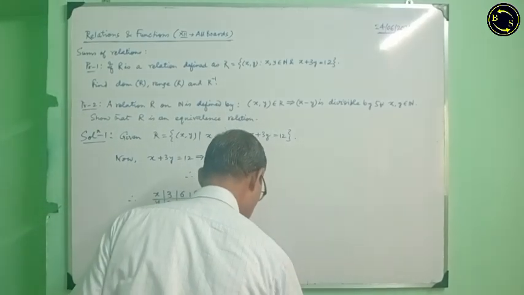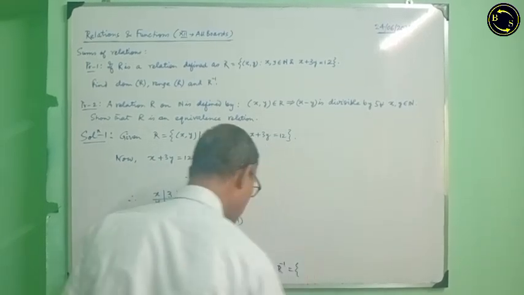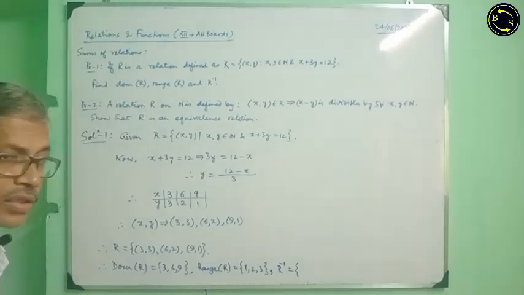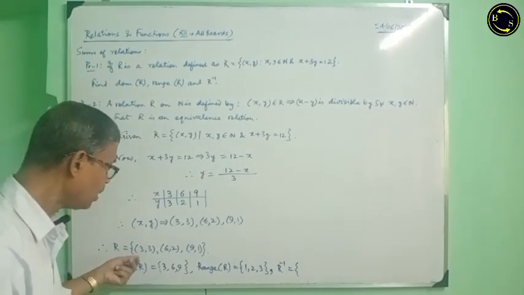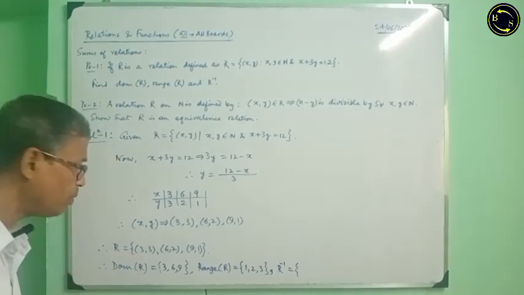Then inverse of this relation will be set of ordered pairs in which the components will be interchanged.